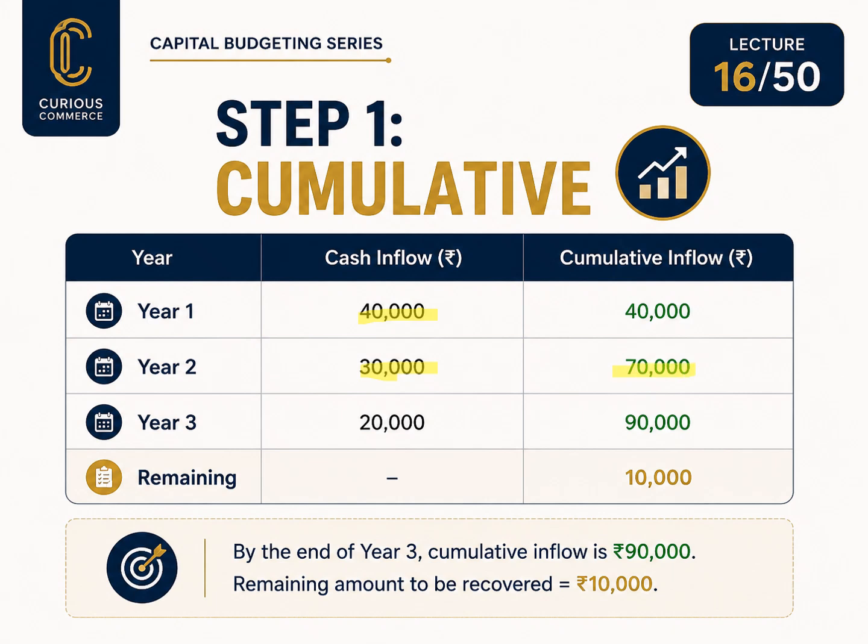Then 70,000 plus 20,000, that is 90,000 rupees. Investment was 1 lakh related to that project. So remaining amount is 1 lakh minus 90,000 rupees. That is, the remaining is 10,000 rupees.